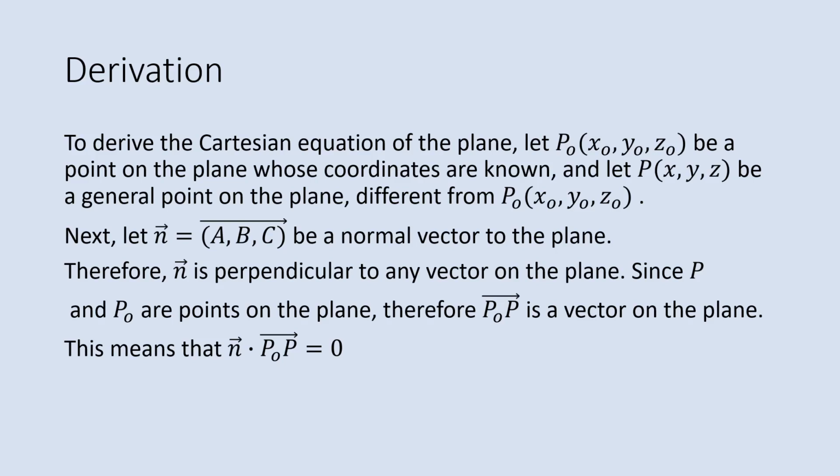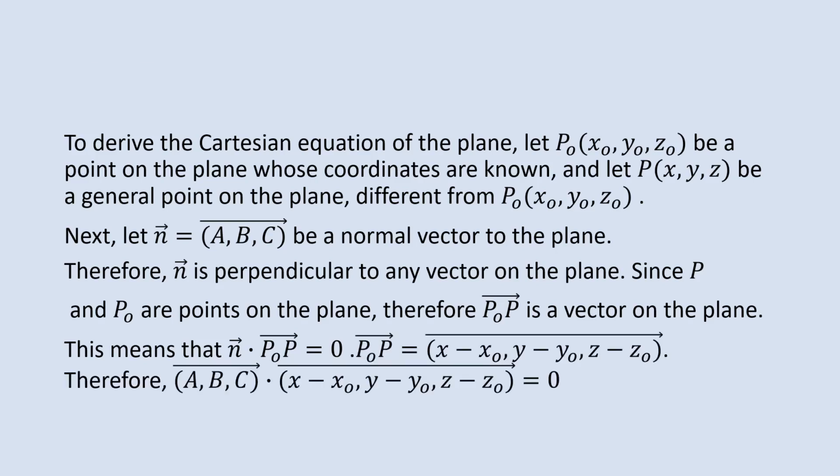Now, since P and P naught are points on the plane, therefore P naught P is a vector on the plane, which means that n, which is perpendicular to any vector on the plane, dotted with P naught P should equal 0.